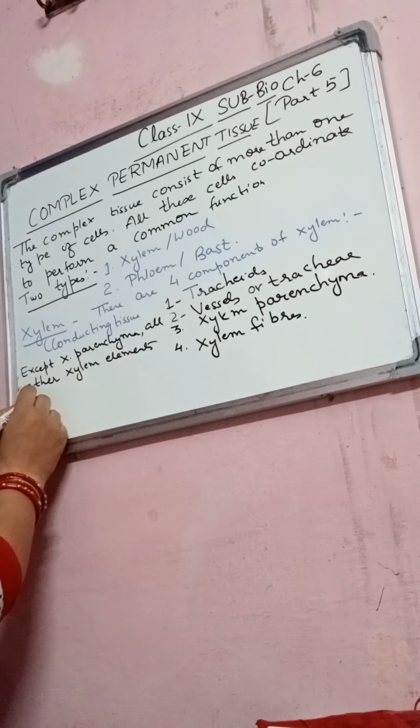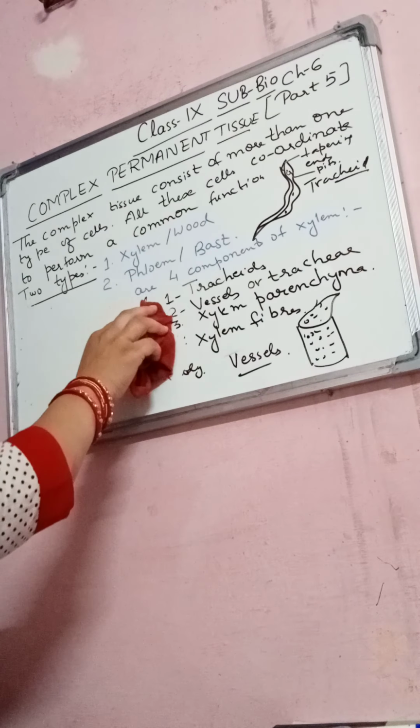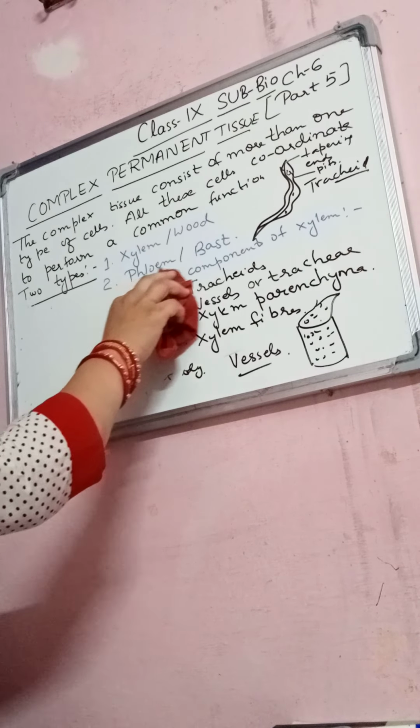Look at the diagram of phloem, figure 6.7, D section of phloem. So look at here, sieve tube, sieve plate. First I will tell you about phloem. Phloem consists of 5 types. It is given here, 5 components.